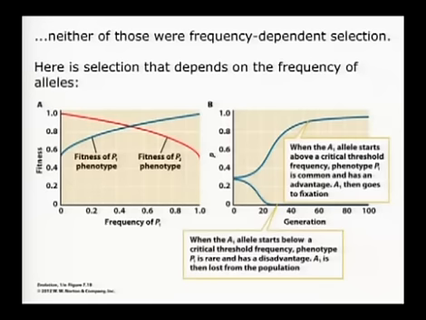In this case, this kind of positive frequency-dependent selection, if you crank it through the model, you find that a population will go towards fixation of one allele or the other.